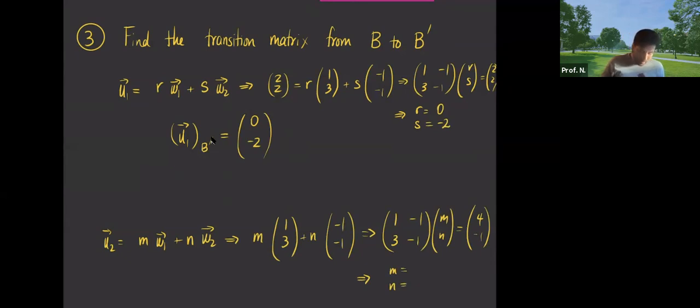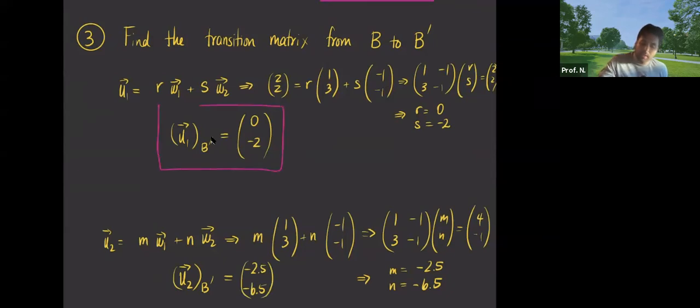So when I do that on my calculator, I get -2.5, -6.5. So the coordinate vector relative to the new basis is (-2.5, -6.5).